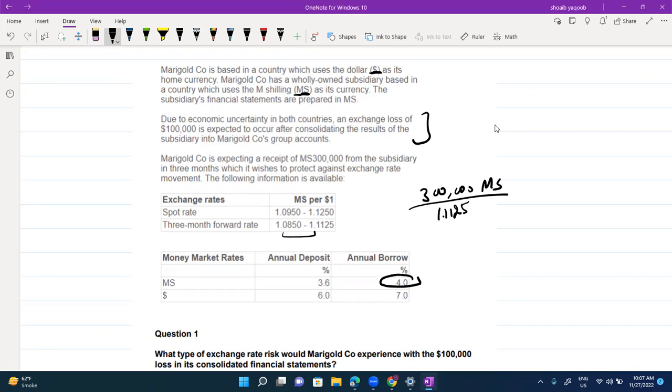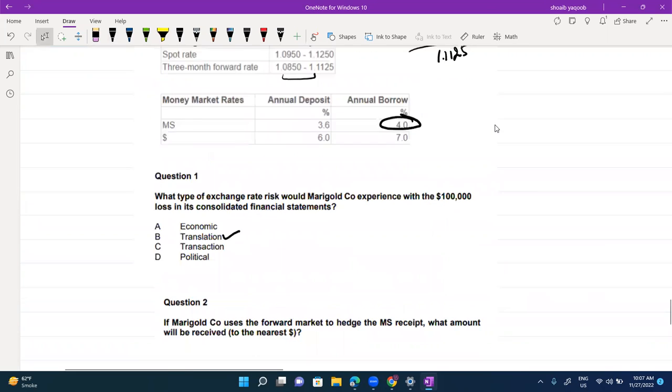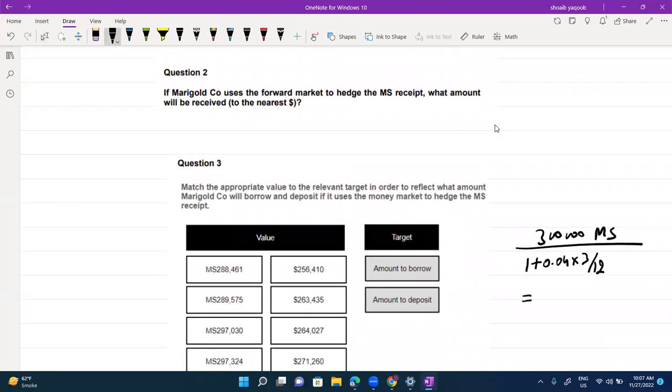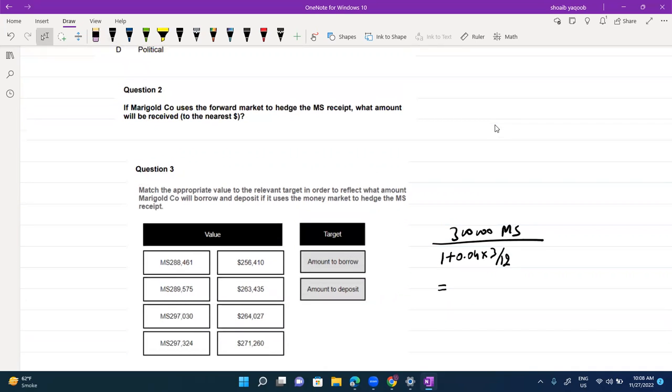So MS borrowing rate is 4%. So divide it with 4% into 3/12. निकालें amount of borrowing. क्या आएगी? 297029.